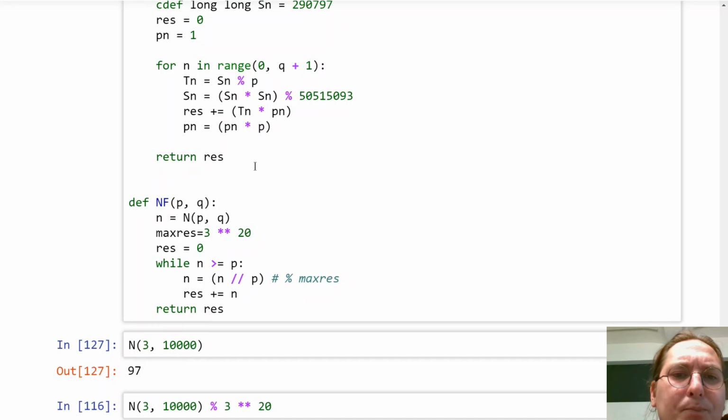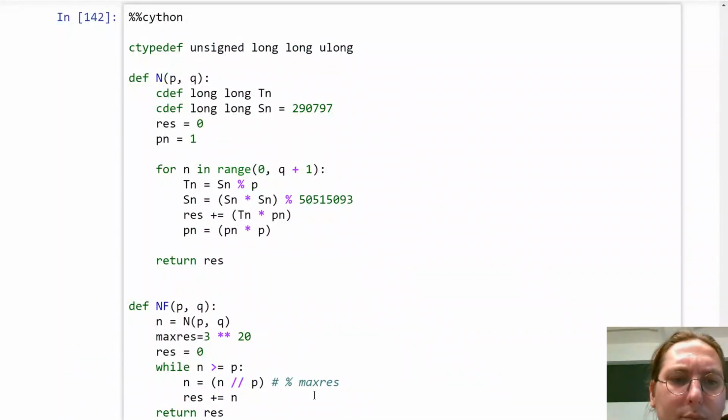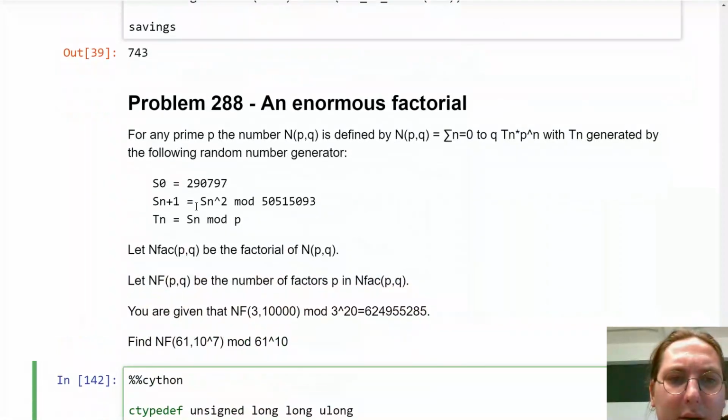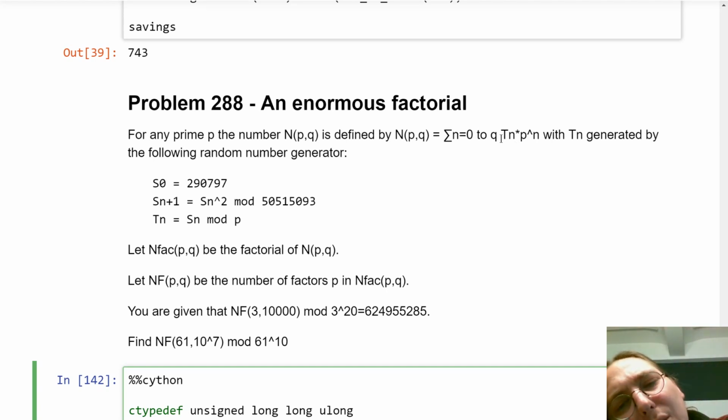I think we're going to have to pull these two together, because if we're going to do anything with max res, it's probably going to be somehow expanding all of this together. So this is a sum, it's a factorial of the sum.